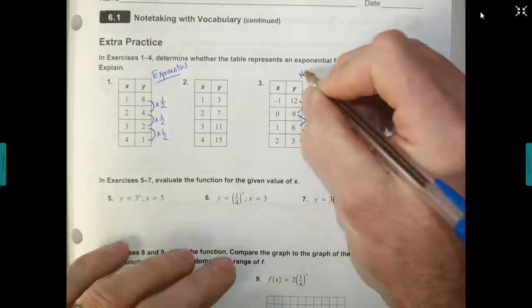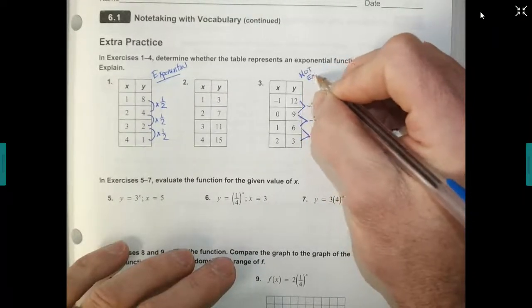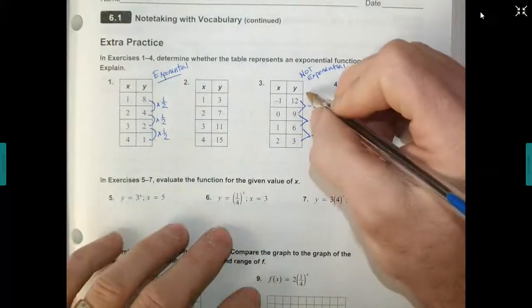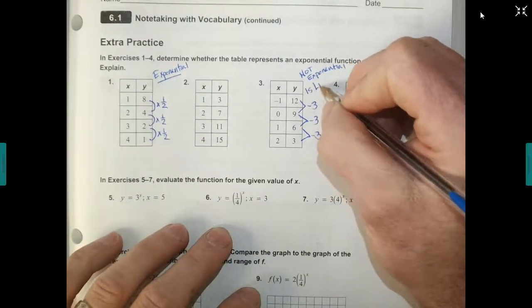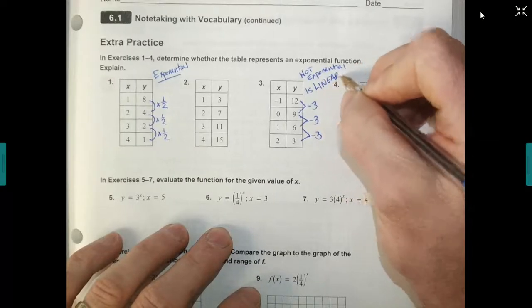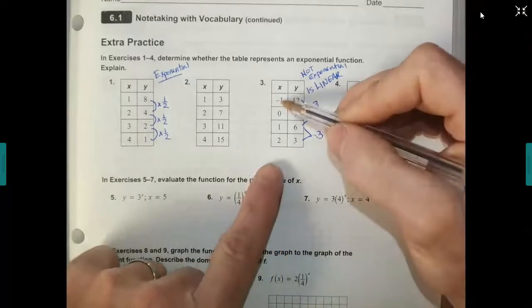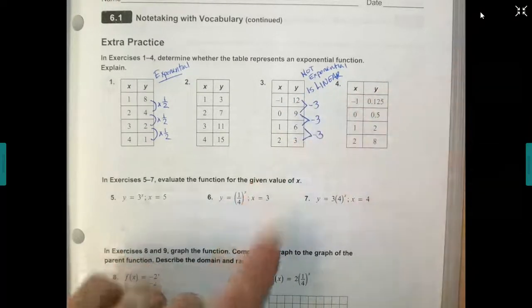This is not exponential. But for a little extra credit, I'm going to say it is linear because we have a consistent change rate, addition and subtraction here, and this is a consistent +1, +1, +1.